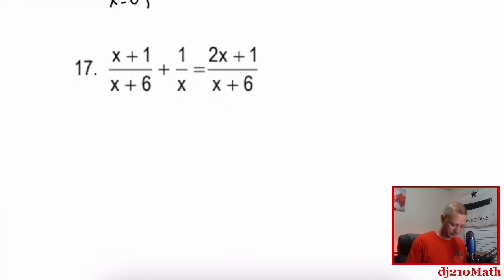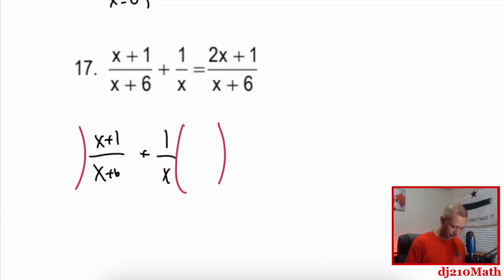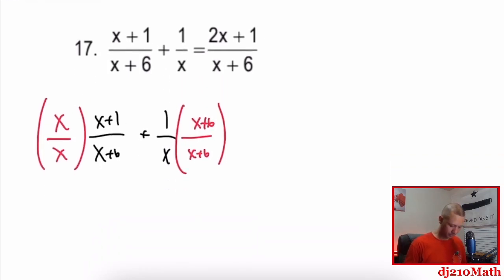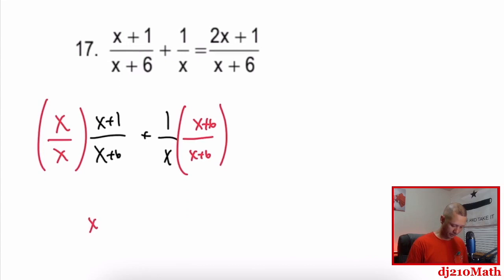Okay, let's just start. x plus 1 over x plus 6, plus 1 over x. Gotta get a common denominator first. So we're gonna get x plus 6 all under x squared plus x.